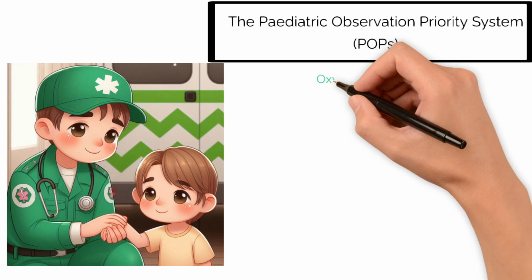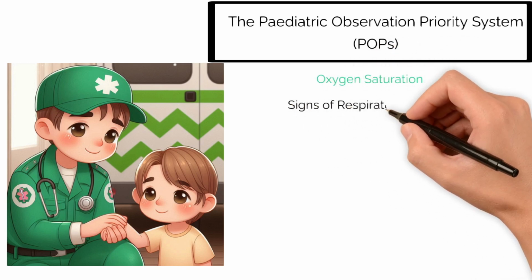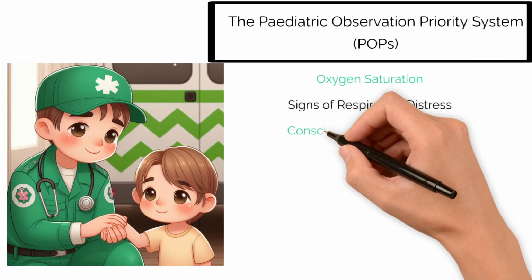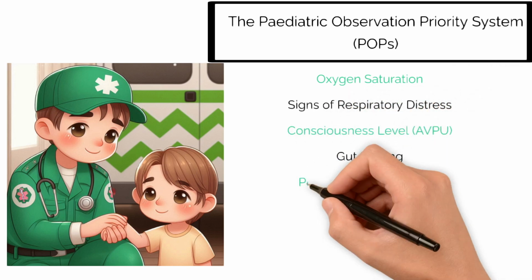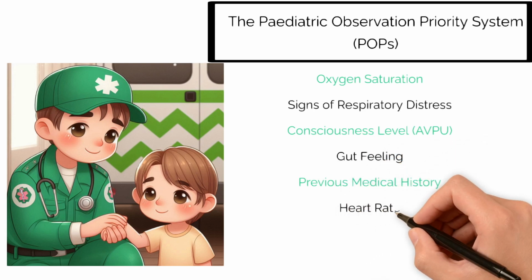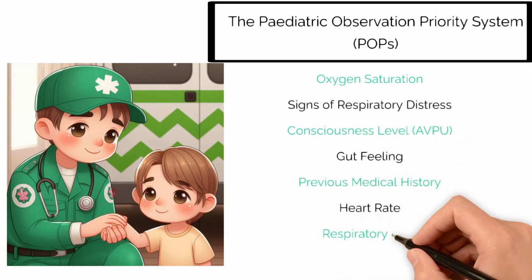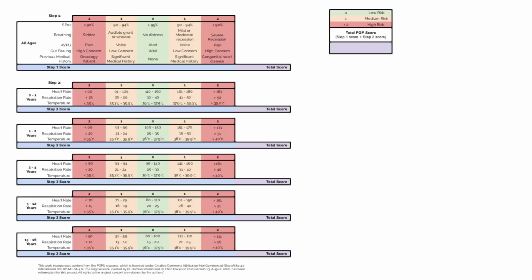POPS monitors vital signs such as oxygen saturations, signs of respiratory distress, consciousness level, gut feeling, previous medical history, heart rate, respiratory rate, and temperature. Each of these parameters is scored based on how far the child's measurements deviate from the normal range.